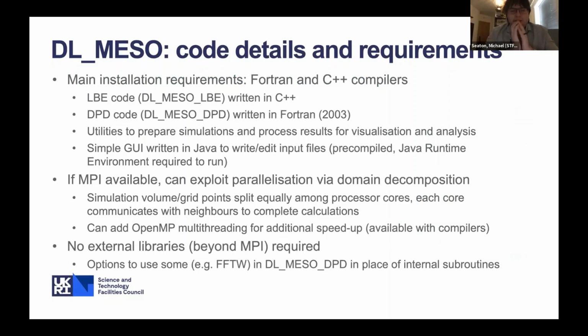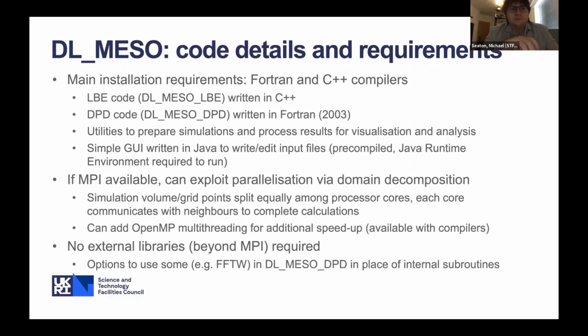You've probably been through some of this already, but the main requirements to install DL_MESO on your own computers are just compilers for Fortran and C++. The Lattice Boltzmann code is written in C++, and the DPD code is written in a reasonably modern form of Fortran 2003.